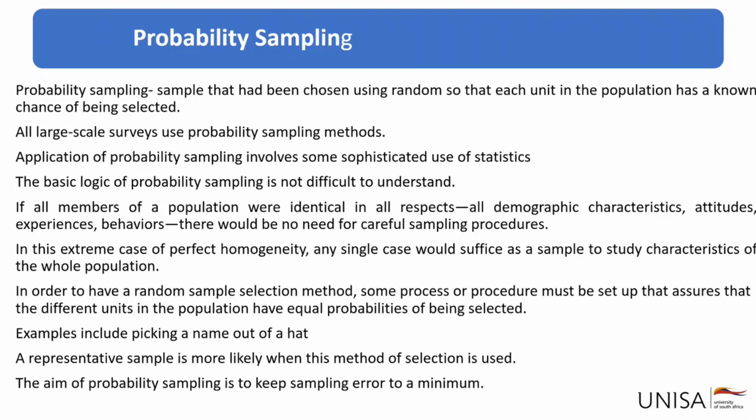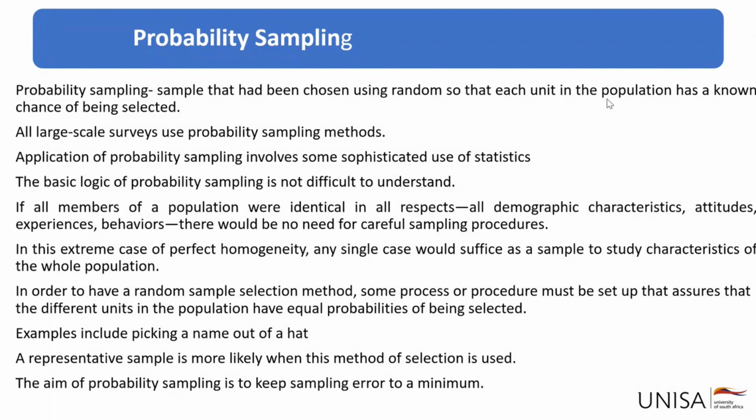So in order to have a random sample selection method, you need to put in some process or some procedures that ensure the different units in the population have equal probabilities of being selected. Now, you need to have that kind of procedure where you set them up in such a way that we all have a chance, or equal probability, of being selected.